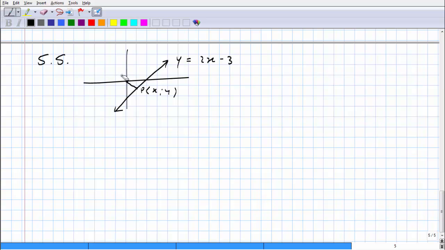So the distance formula, we know that the distance OP is equal to the square root of that one minus that one. So in this case it's 0 minus x, which is squared, so it's just x squared plus y squared.